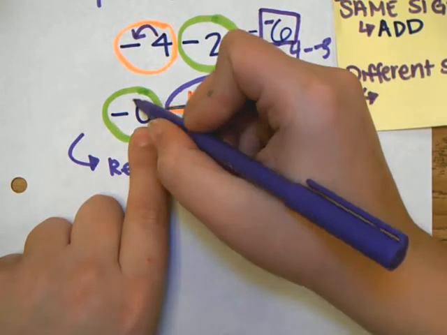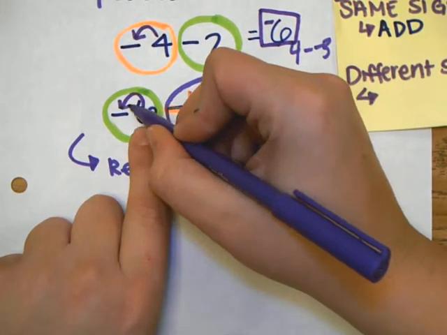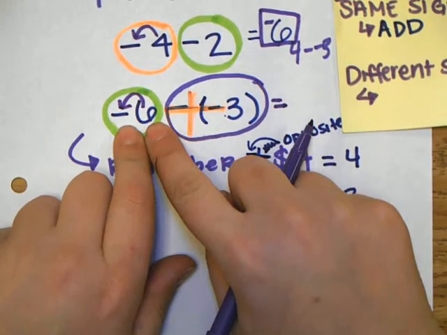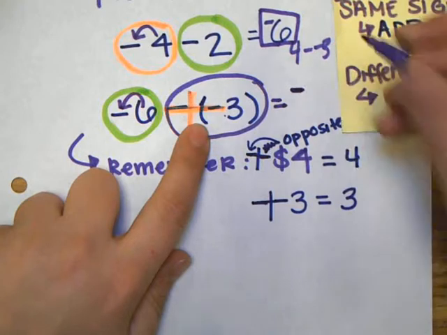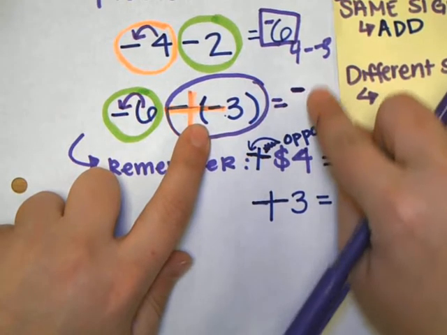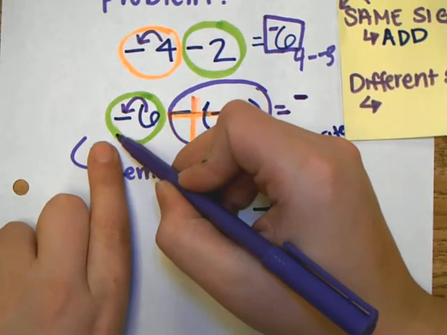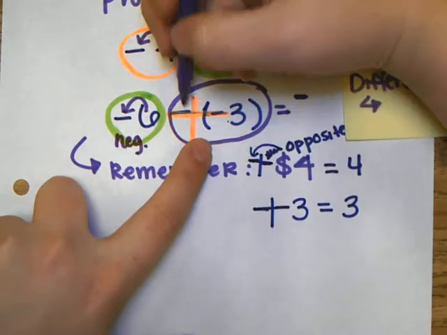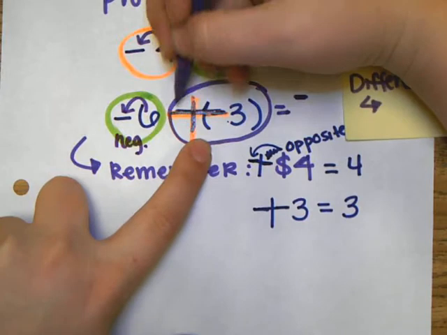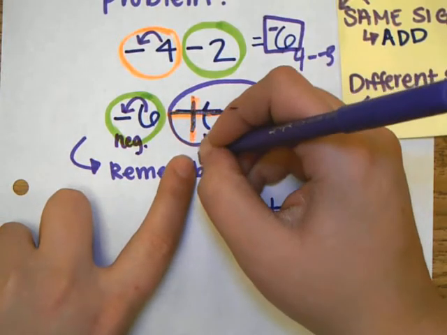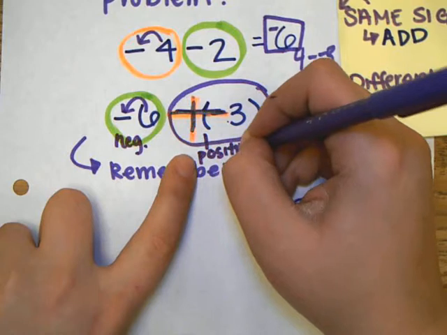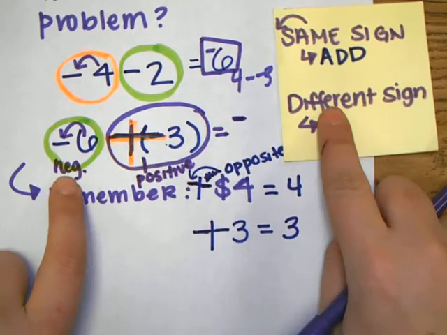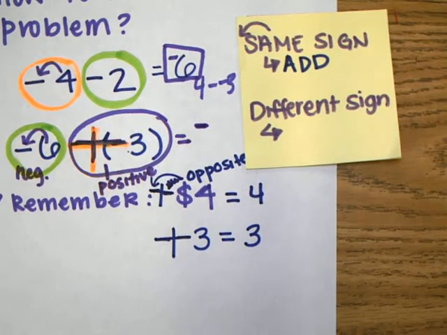If we look at this example, is 6 bigger or is 3 bigger? 6 is bigger. So if we look in front, this tells us that the answer is going to be negative. To get the actual number, this is a negative, and now we connected these, this is now a positive. They are different. One's negative and one's positive.